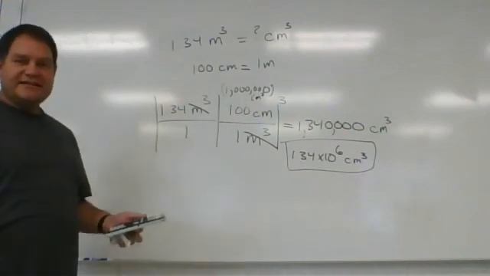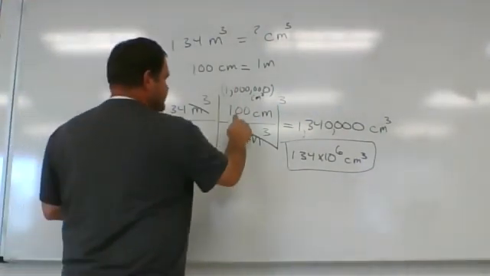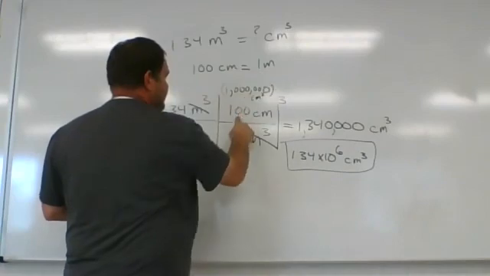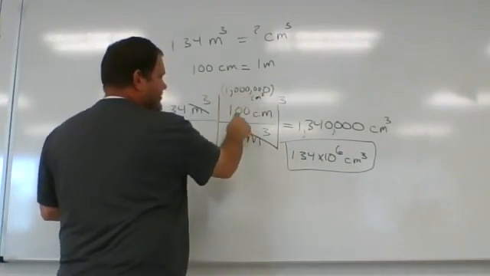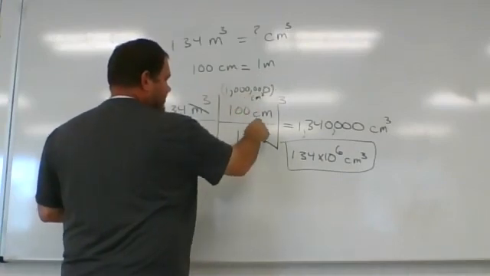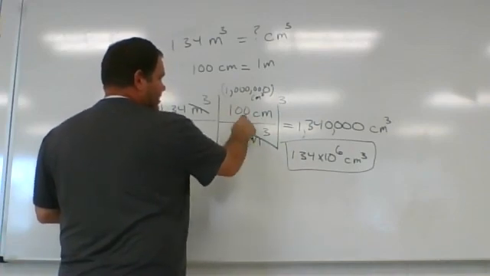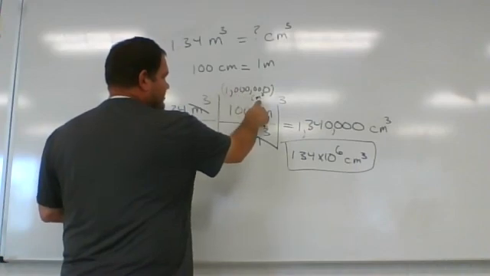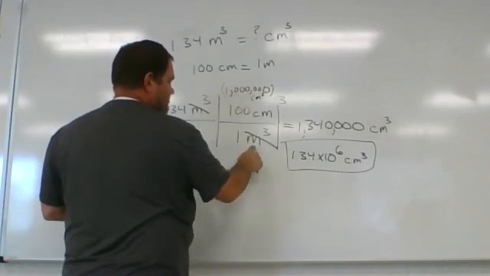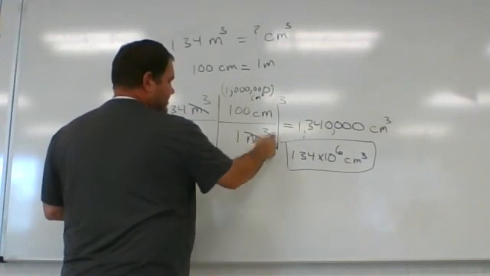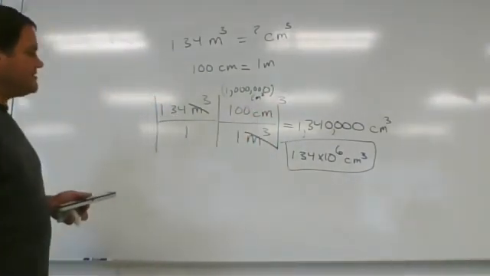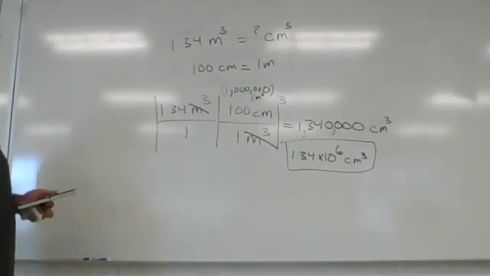So the only thing I did there differently is I made sure that my conversion factor, that I cubed that value. I cubed everything, and I cubed everything on the bottom. So 100 cubed is 1,000,000 cubic centimeters, and 1 meter cubed is 1 meter cubed. Same thing. So that's the only thing I have to do when I'm dealing with cubes.